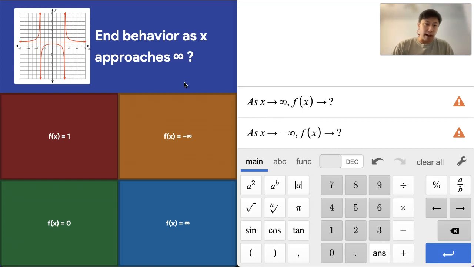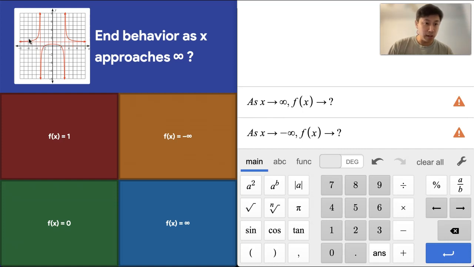Okay, so here's how you read on the graph. This is asking what's the end behavior as x approaches positive infinity, okay? So I'm just going to look at the very right of the graph. As x keeps going towards the right, you guys see this arrow, it keeps going towards the right, it's going to eventually get closer and closer and closer to this asymptote, okay?